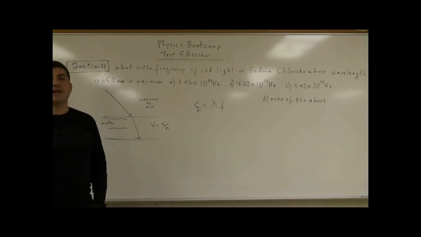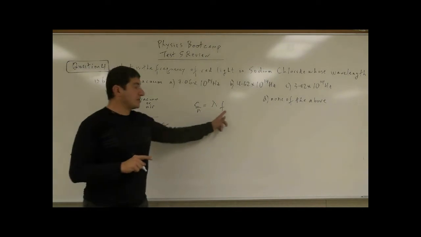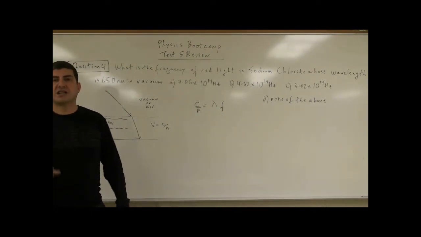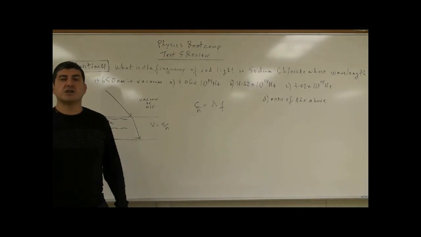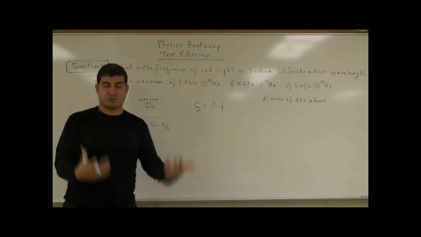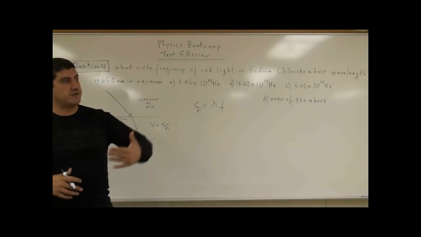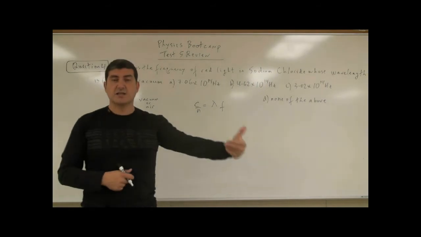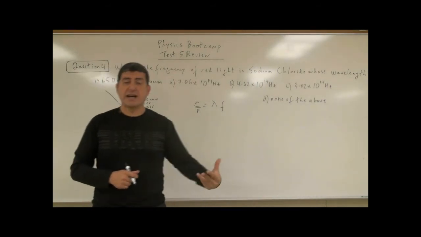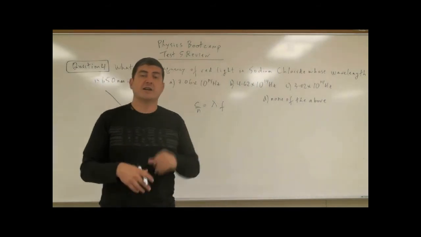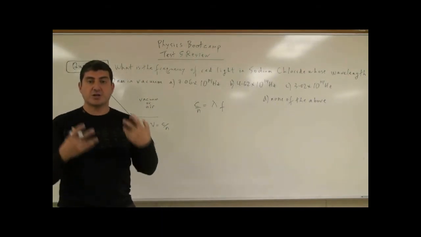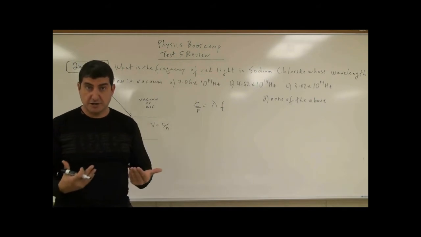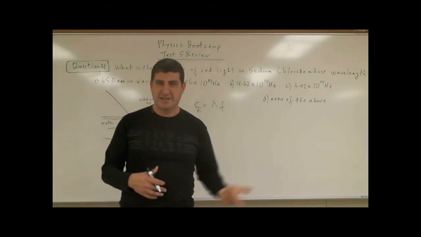So it turns out that the property that is changed in the medium is the wavelength, not the frequency. The frequency of the light is what determines its properties. It's what determines if we observe the light as red light, as violet light, as yellow light, as green light. So the frequency is the primary characteristic of the light that determines its color, because the frequency also determines its energy, right?